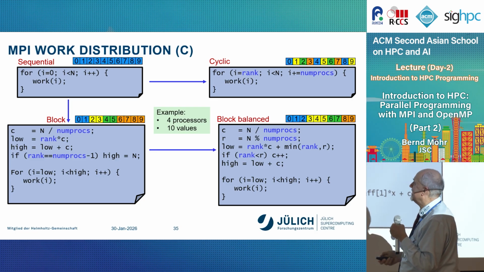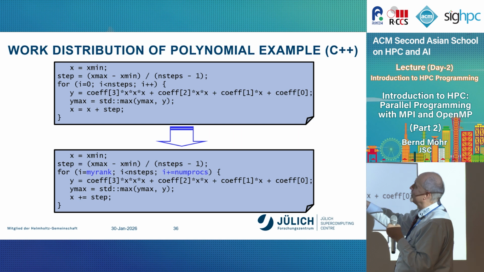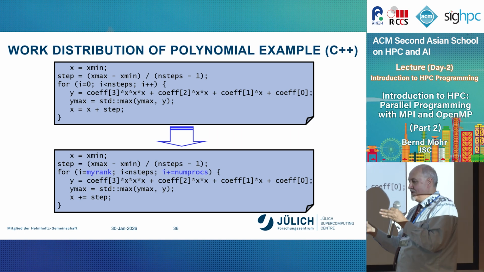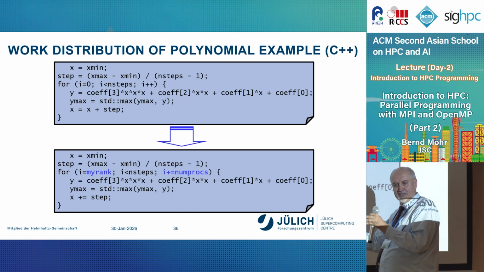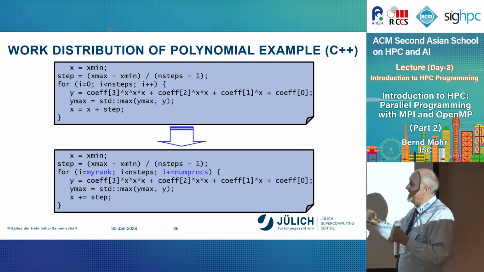It's simpler. So I change my program from here to here. Instead of starting from 0, I start with my rank. And instead of going one further, I go the number of processors further. So I changed it that way, and now I'm running it.